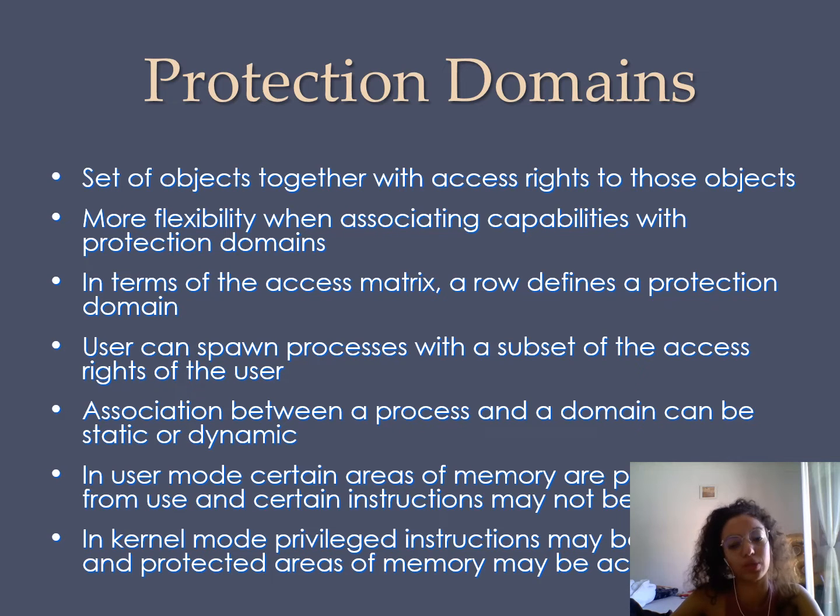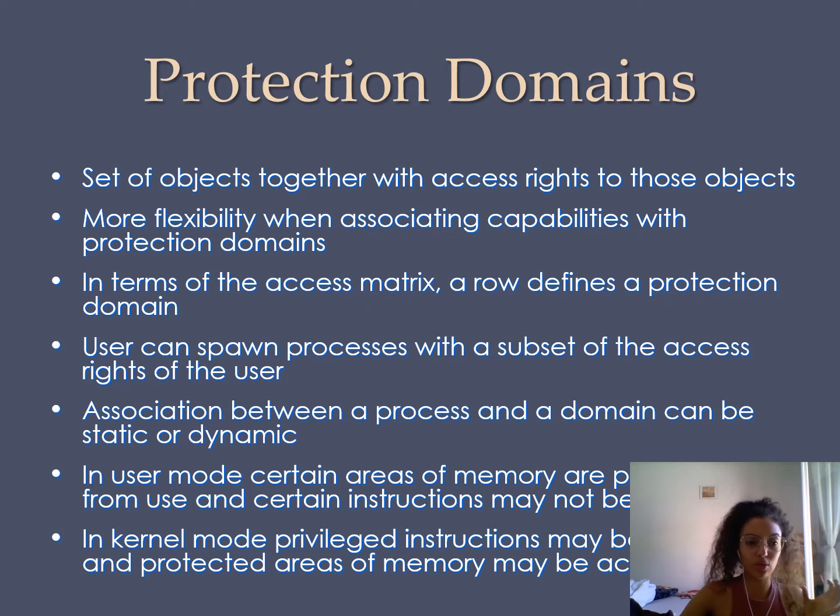One form of protection domain has to do with the distinction made in many operating systems, such as Unix, between user and kernel mode. A user program executes in user mode, in which certain areas of memory are protected from the user's use and in which certain instructions may not be executed.